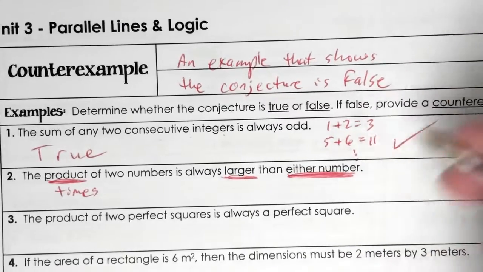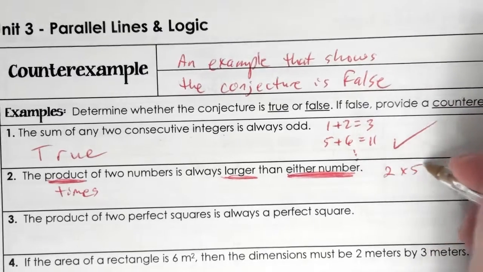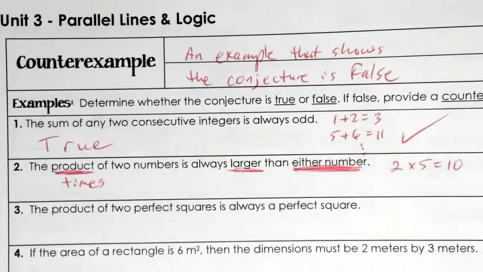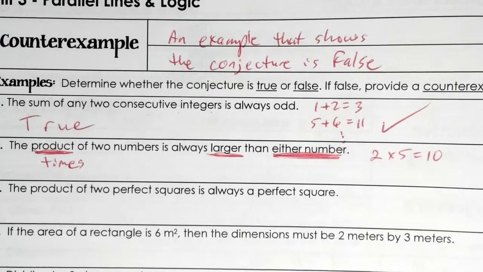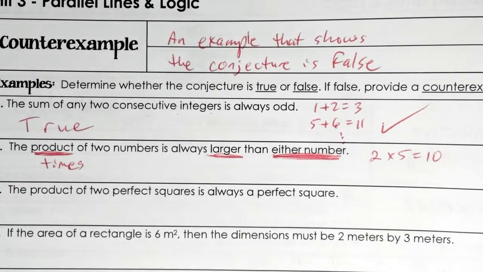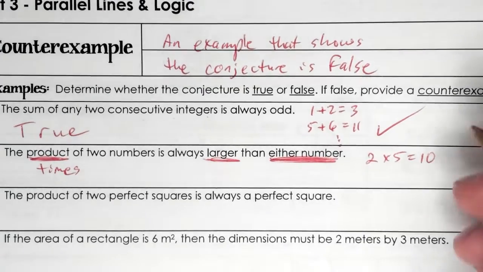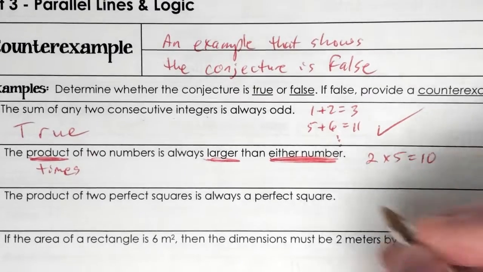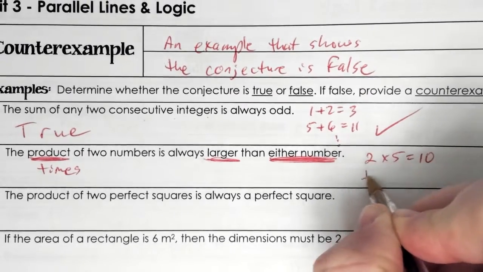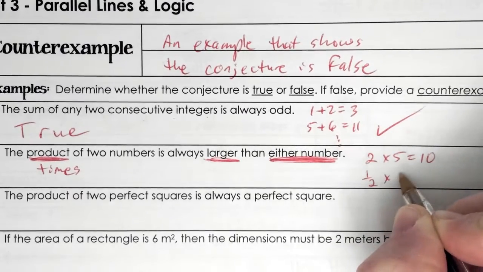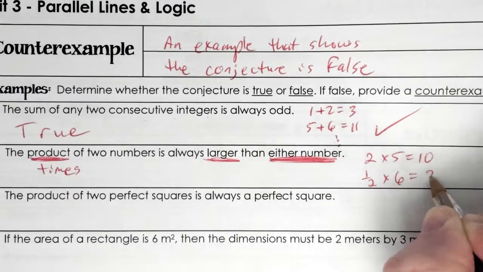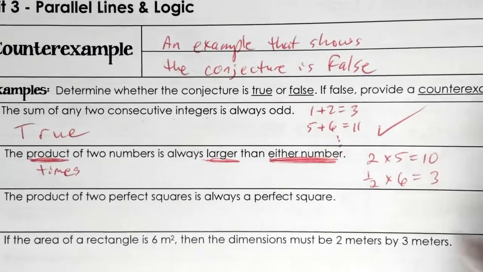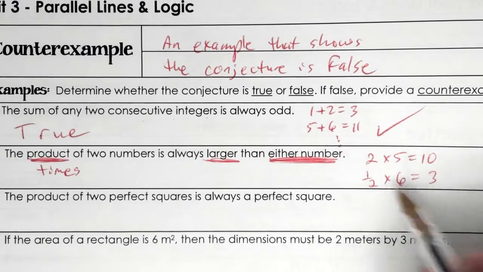If I do 2 times 5, that equals 10, right? But can I think of any numbers where if I multiply them, it's actually smaller? Well, a good guess to that is anything that is a fraction. So if I say 1/2 times 6, that would equal 3, right? And that is smaller than those numbers.